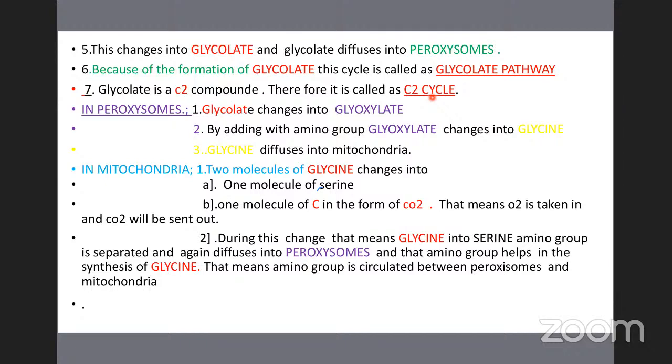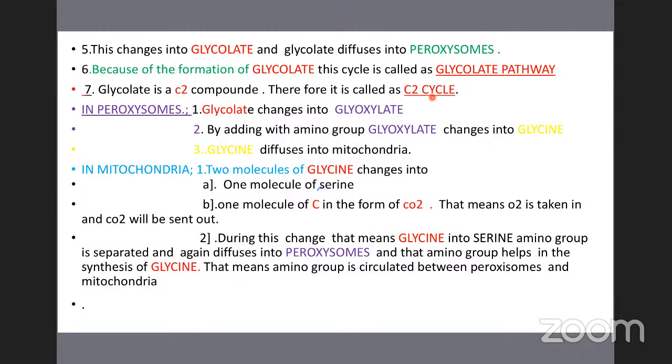Next, in peroxisomes, if we observe the changes, this glycolate changes into glyoxylate, and glyoxylate changes into glycine. In what way? By adding the amino group to the glyoxylate, it is converted into glycine, and this glycine diffuses into the mitochondria.